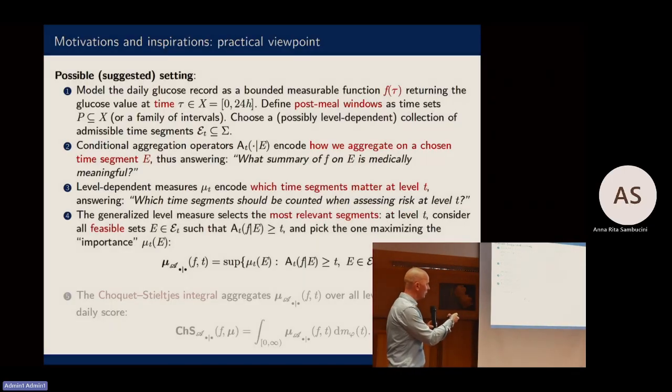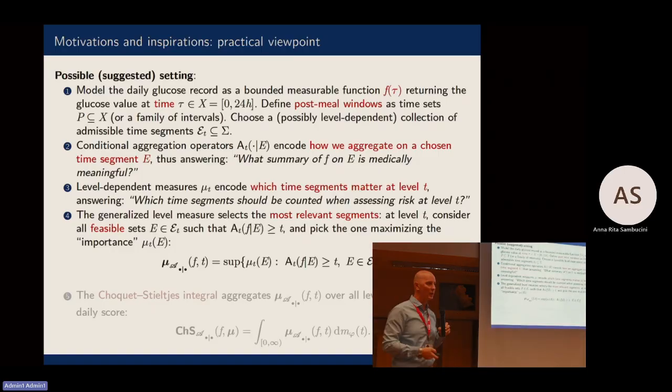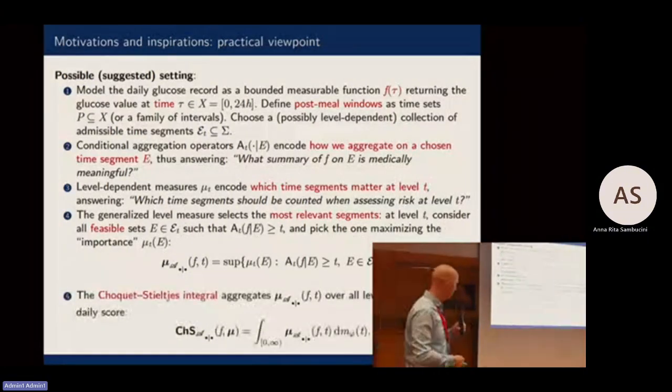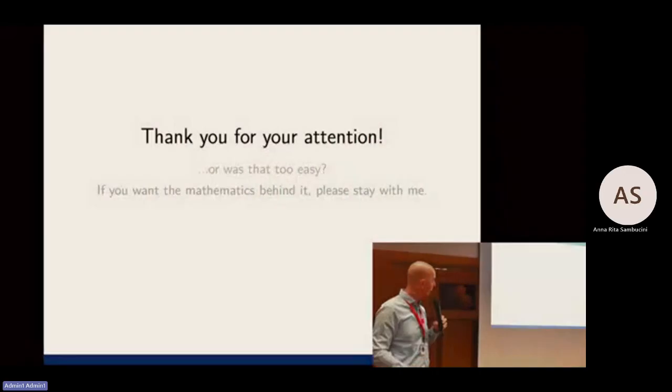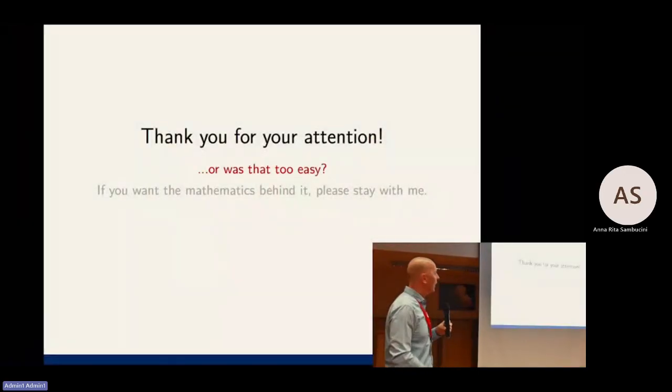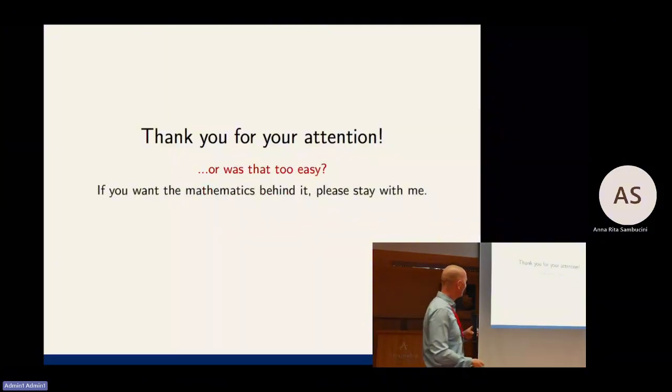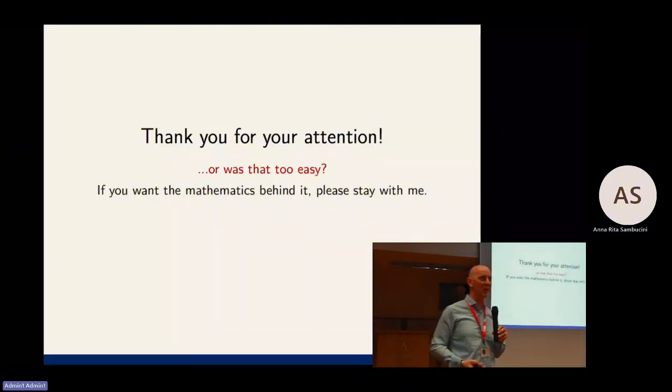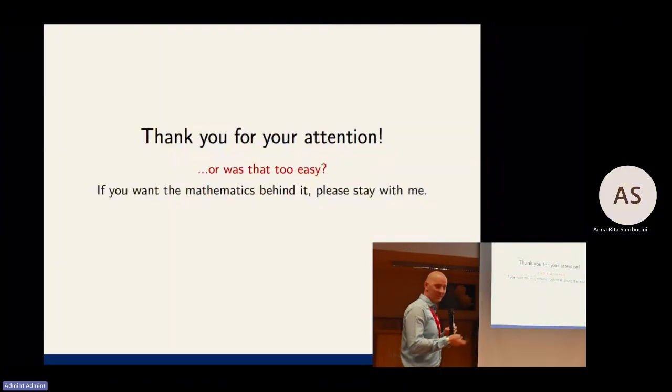And the generalized level measure just selects the most relevant segments at some level t: consider all feasible sets that are greater than the level, and pick the one which maximizes the importance. And aggregation is the Choquet integral. That's all, in fact. Or was that too easy? So if you want to see some mathematics behind, just stay here and stay with me. I will try to explain.